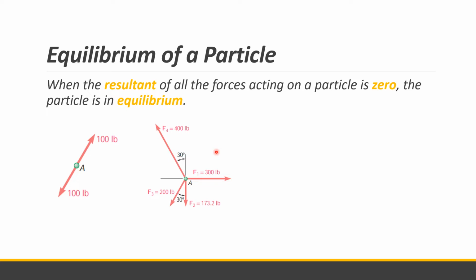Since forces are more than 2, hindi natin ma-apply yung parallelogram law or yung triangle rule. So we will use the polygon rule, starting from O. Yung O is the particle.